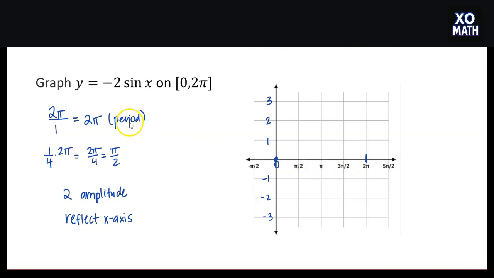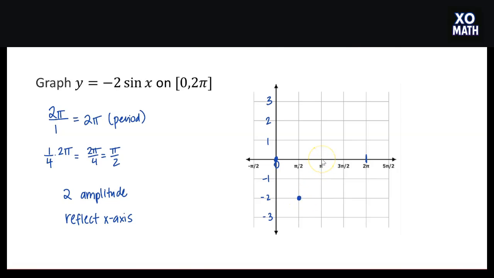So we've spent the time finding the period, labeling our tick marks. After we plot the point at the origin, at the first tick mark, we're typically going to go up to the amplitude when the amplitude is 2, but since there's a reflection over the x-axis, we are instead going to go down to -2 as our next point.